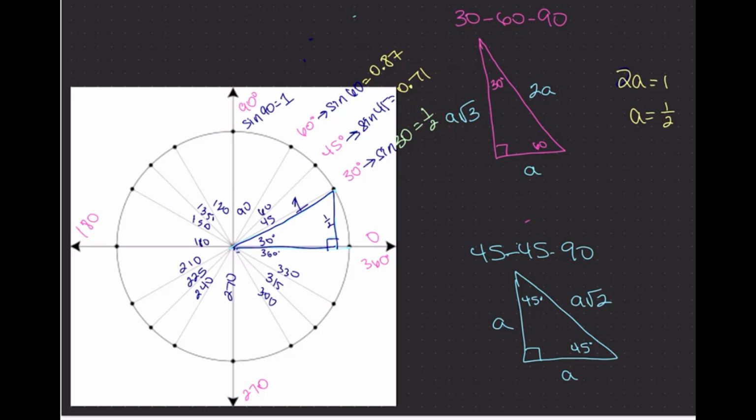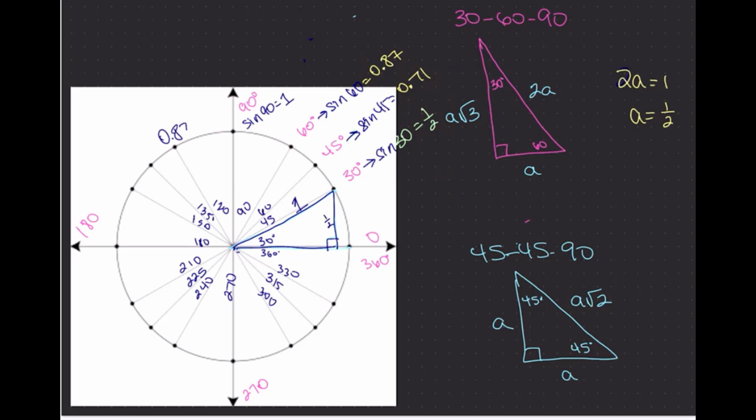So we can just use reflection, right? If I think of this angle right here, or this point, if I take him and I reflect it over the y-axis, I end up right here, right? So what's my y value going to be at 120 degrees? 0.87.